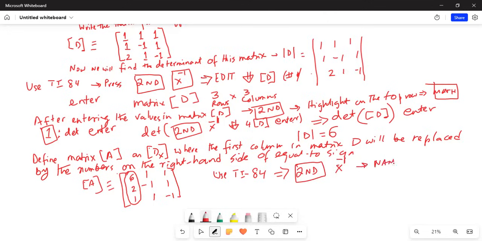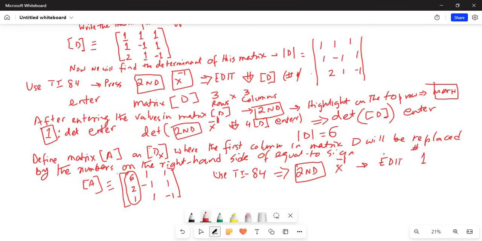Sorry, I made a mistake. Clear. The second X minus 1, we will go directly to edit, not names. So let me correct that. This should be edit.